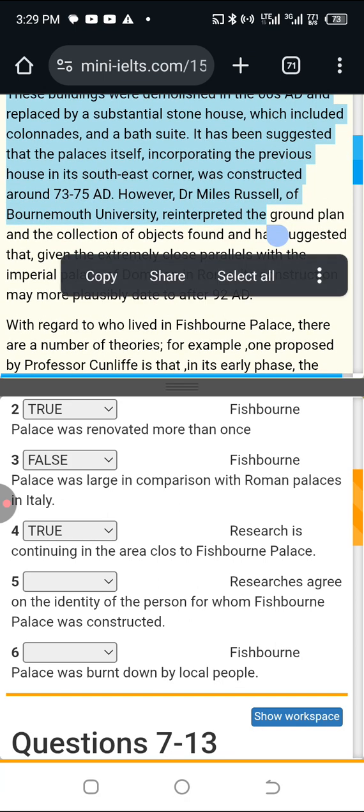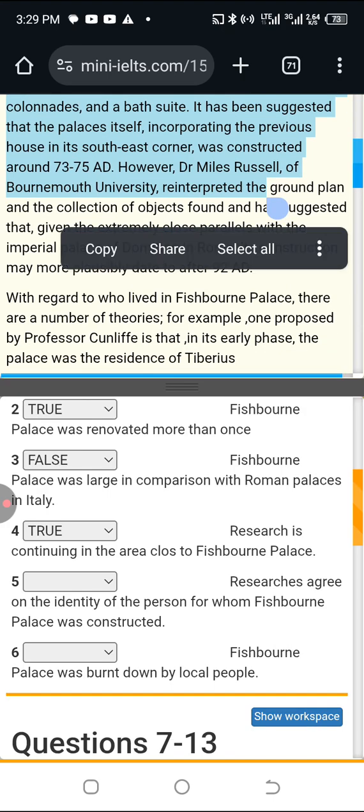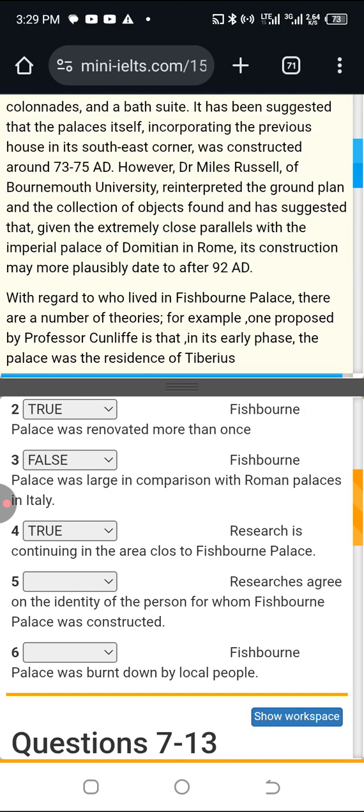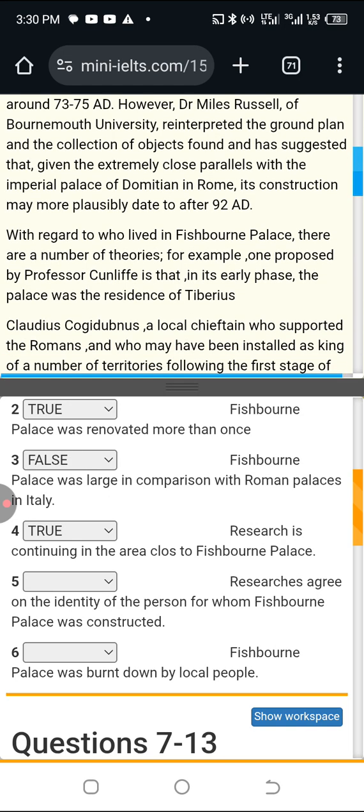It has been suggested that the palace itself was constructed around 73. However, Dr. Russell of Bournemouth University reinterpreted the ground plan and the collection of objects found and has suggested that given the extremely close parallels with the imperial palace of Domitian in Rome, its construction may more plausibly date to after 92 AD.